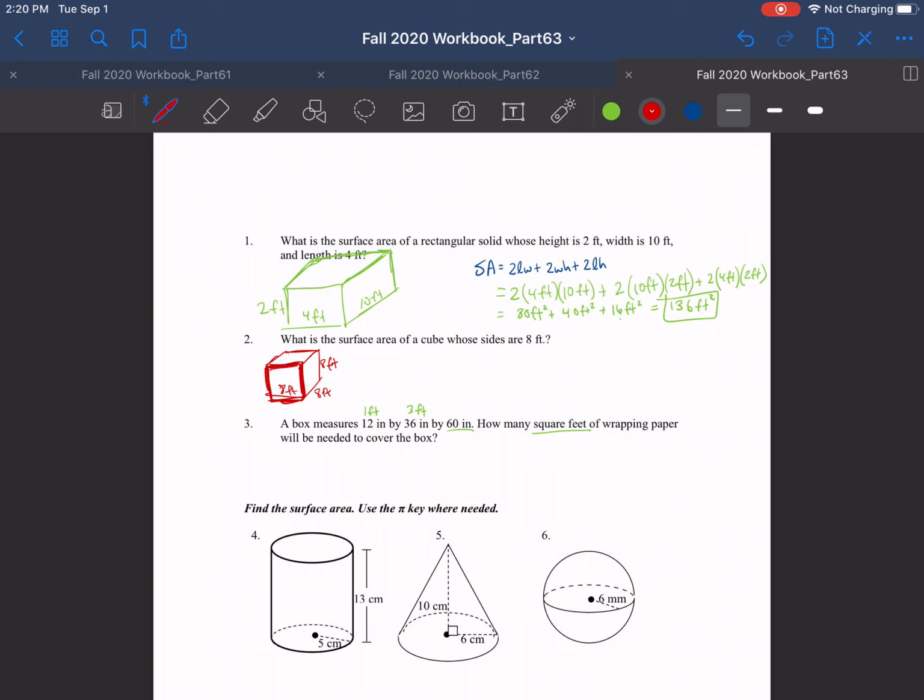There's the front one and the back one, right? There's this side over here, there's this side over here, and then there's the top one up there and the bottom one down there. So there are 6 sides, 6 faces to a cube, which means we can do surface area is equal to 6 times the area of one of the faces, and each face is 8 feet squared.